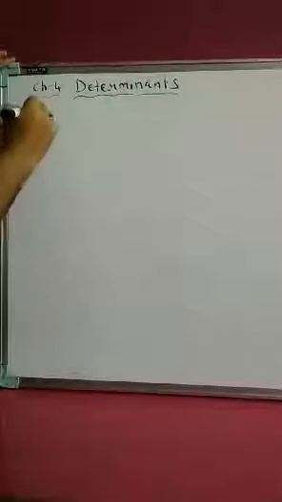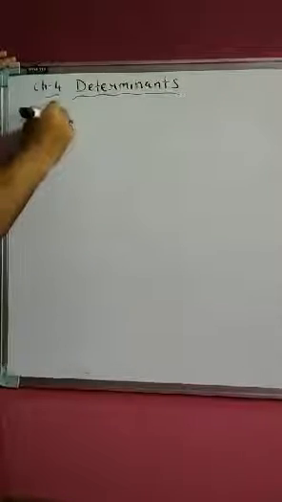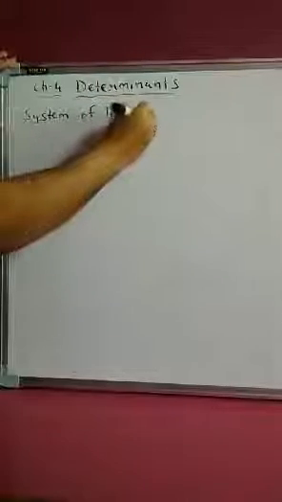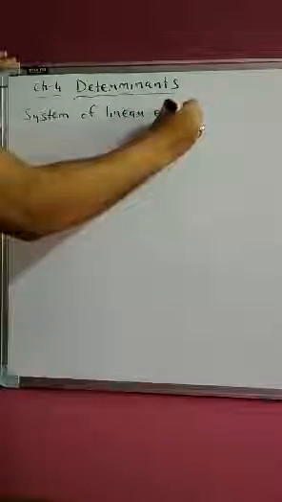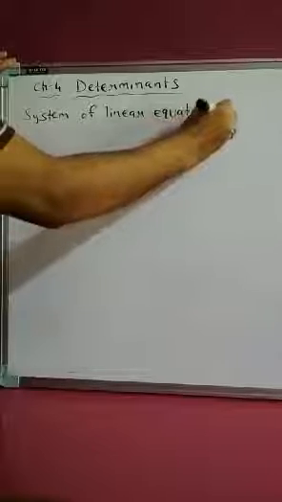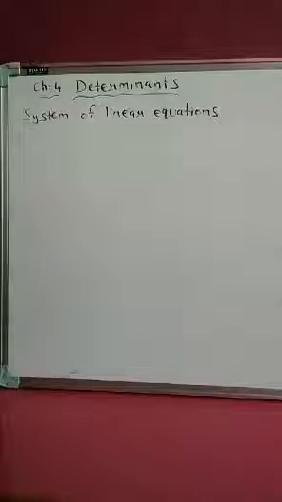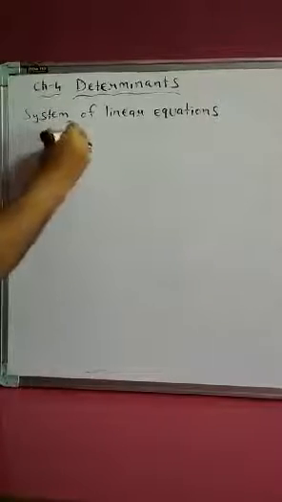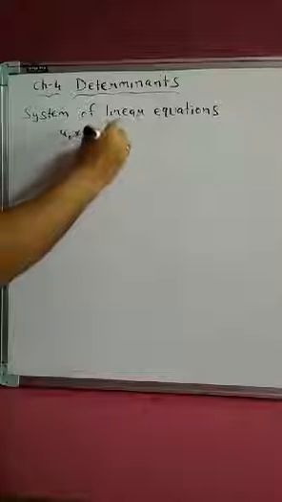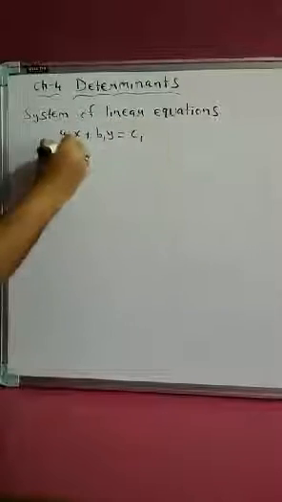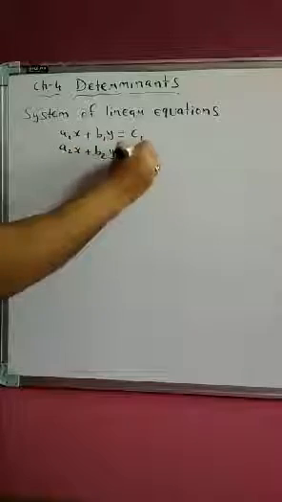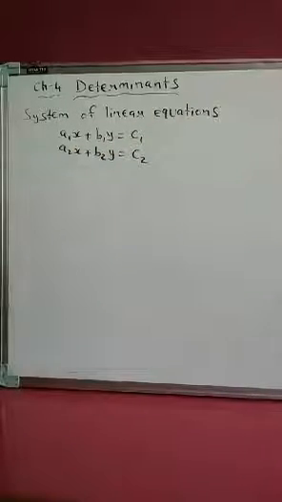Suppose we have a system of linear equations, that is a1x plus b1y is equal to c1, a2x plus b2y is equal to c2.